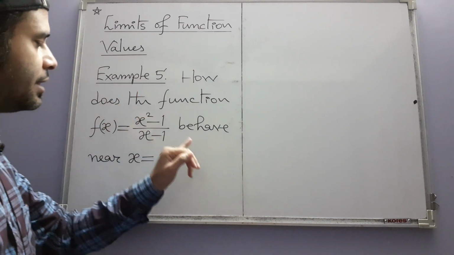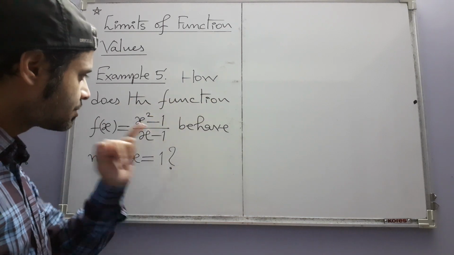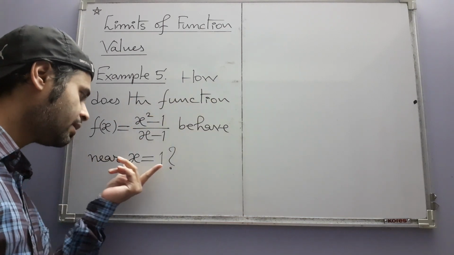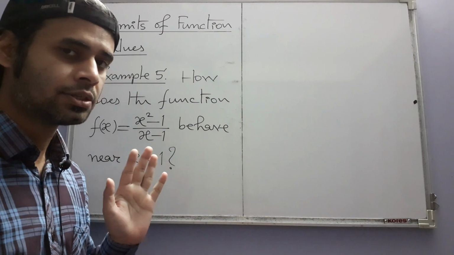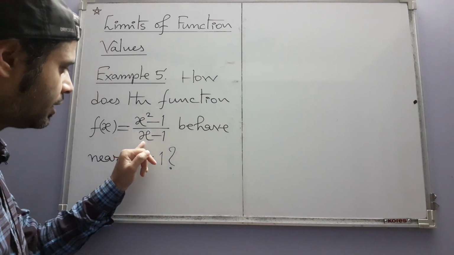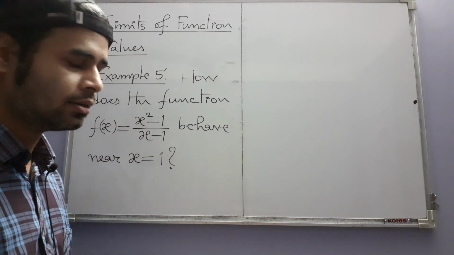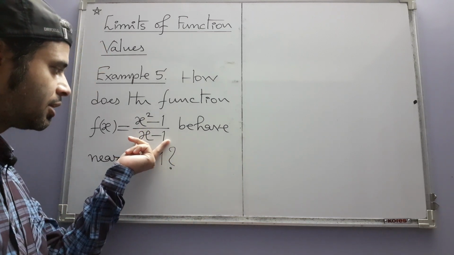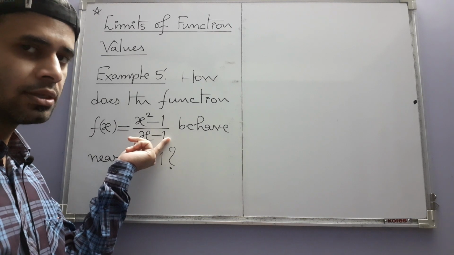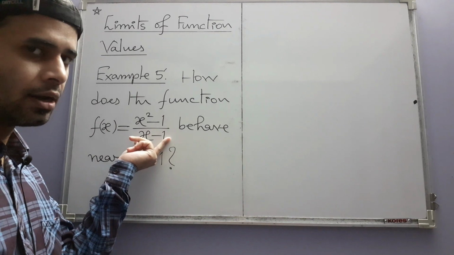Now it is being asked, how does this function behave near x equal to 1, not at x equal to 1? Because you can clearly see that at x equal to 1 the function is not defined. That's because the denominator will become 0 if x is 1, which is not allowed.